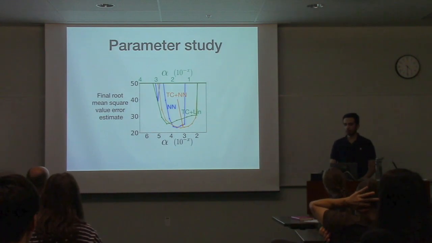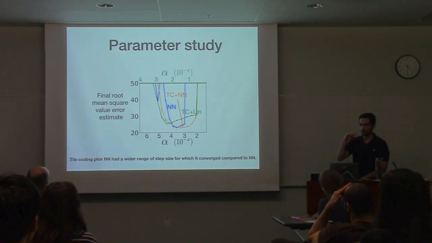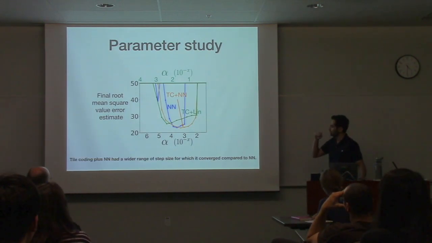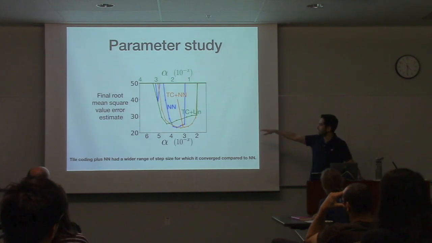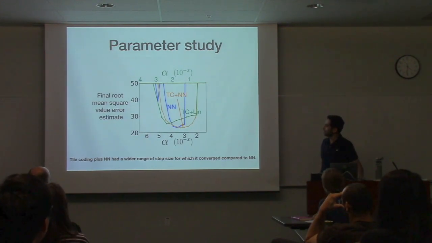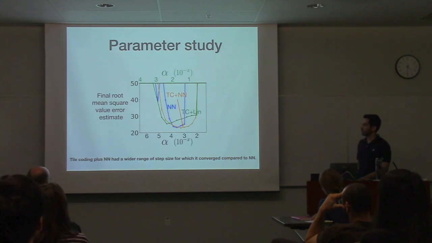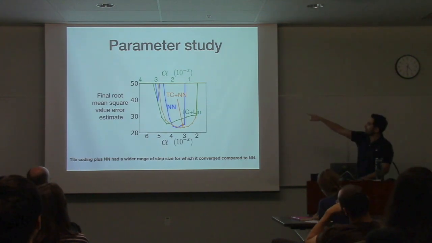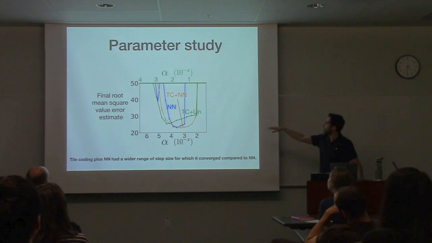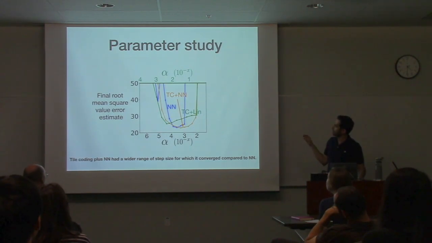We also did a parameter study, and that's how we chose the step size. The bottom x-axis is the step size for neural networks, tile coding plus neural networks, and neural networks.